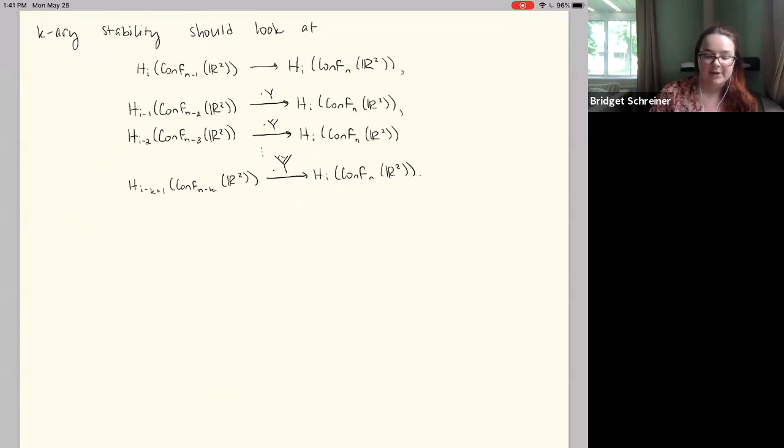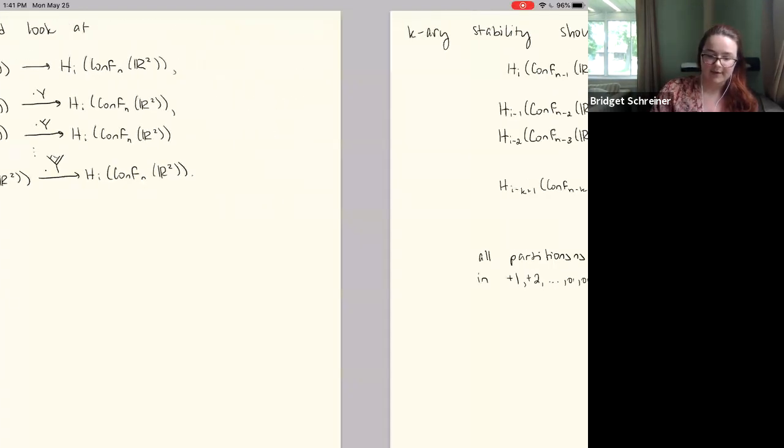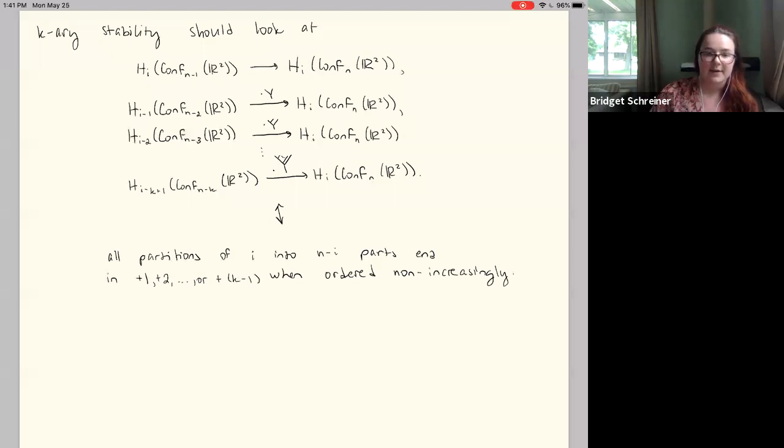And these maps should each be just by adding the tree with k-1 internal vertices to the original forest, and then permuting the points. And similarly to the other case, this should correspond to when all partitions of i into n-i parts end in +1, +2, or up through +(k-1) when ordered non-increasingly.